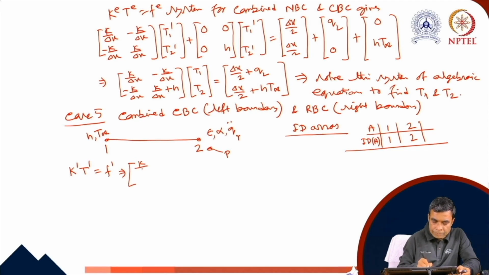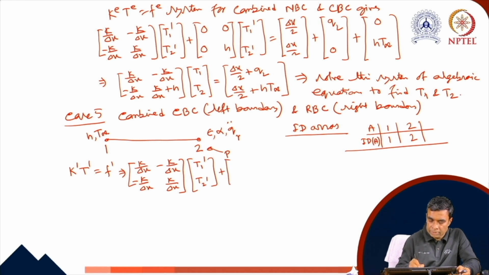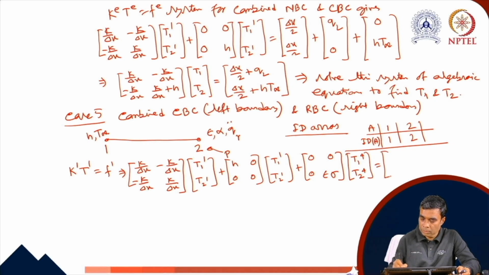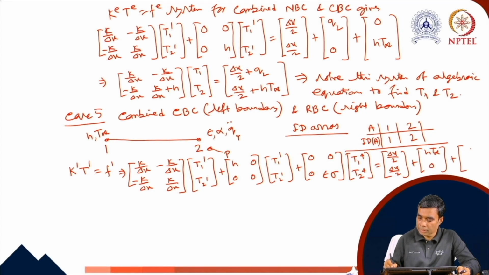So we have K by delta X, minus K by delta X, minus K by delta X, K by delta X, times T11, T21, plus H, 0, 0, 0, times T11, T21, plus 0, 0, 0, epsilon sigma, times T1 to the power 4, T2 to the power 4, equals delta X by 2, delta X by 2, plus H T infinity, 0, plus 0, alpha QR dot.